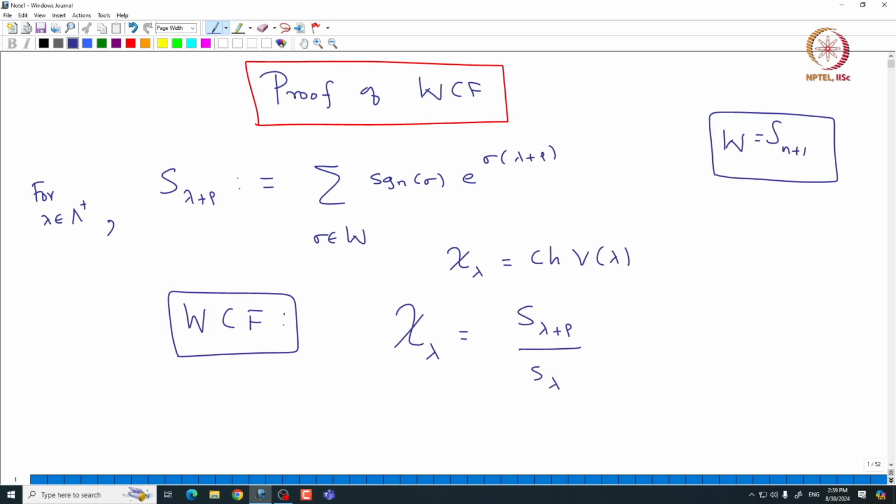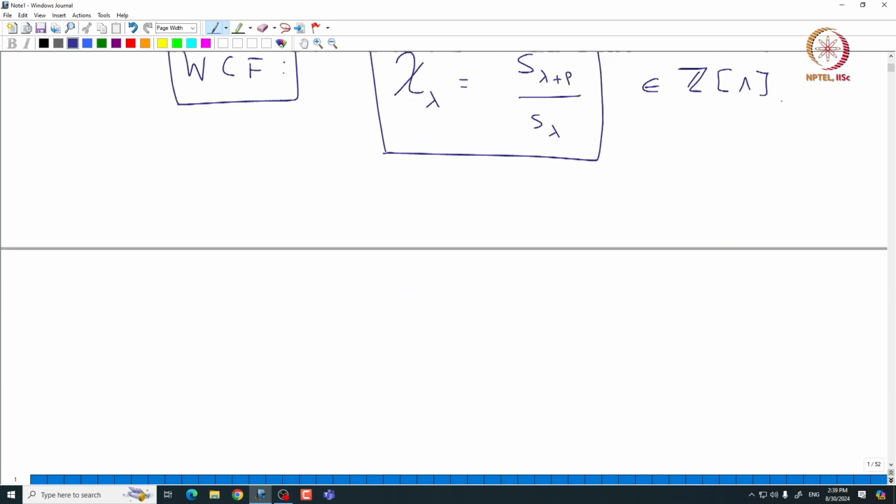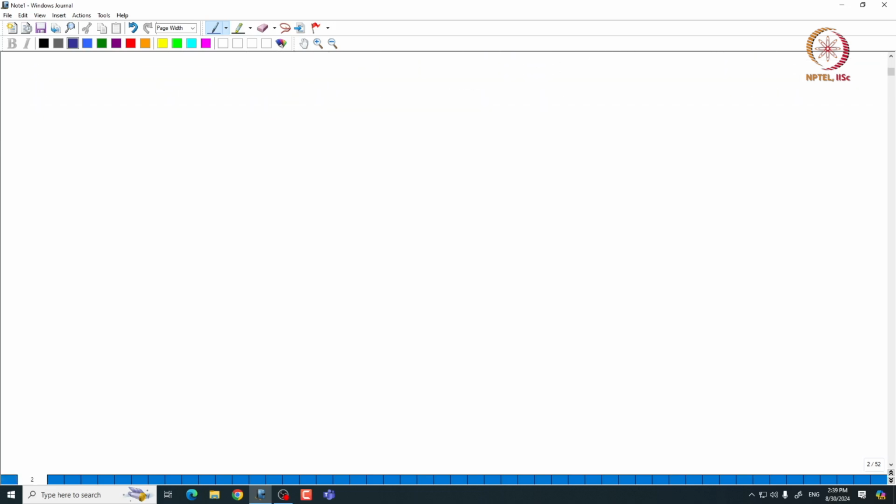This can be viewed as an identity in Z bracket lambda. So this is what the Weyl character formula says. We will actually prove the Weyl character formula using Freudenthal's formula. First let us recall some of the results that will be needed in the proof.